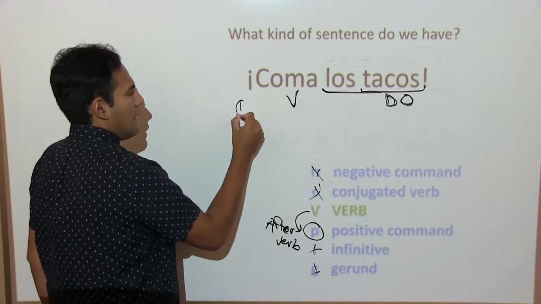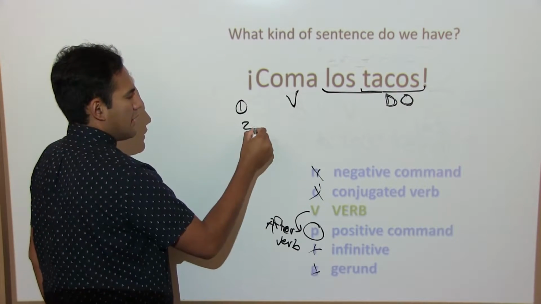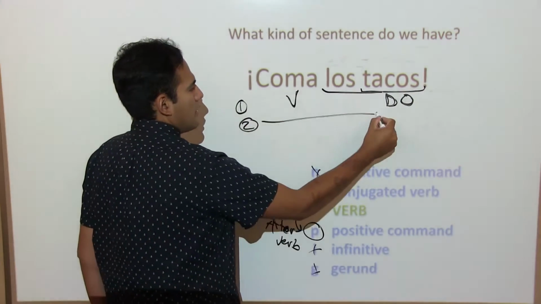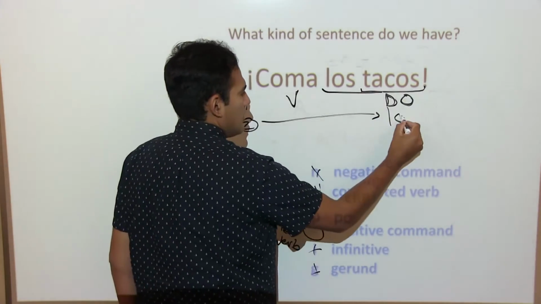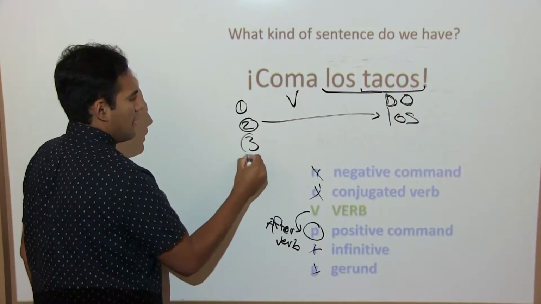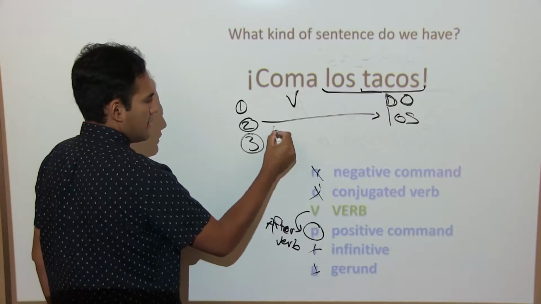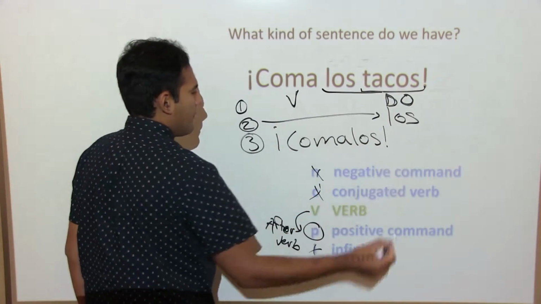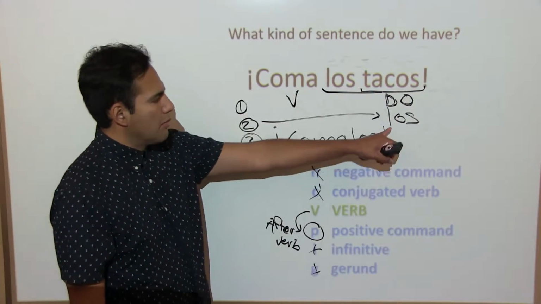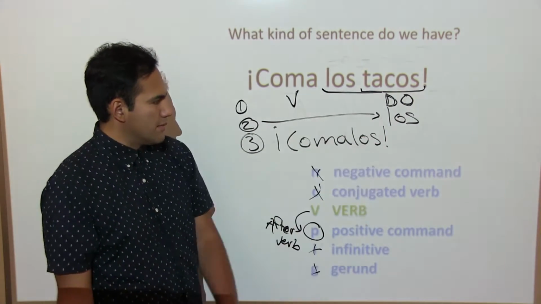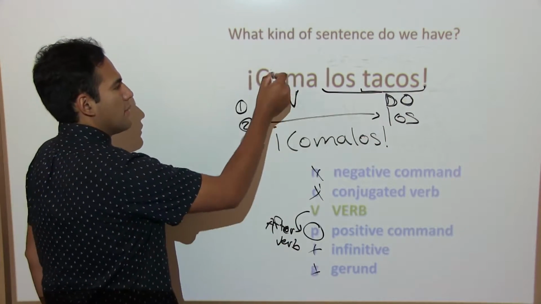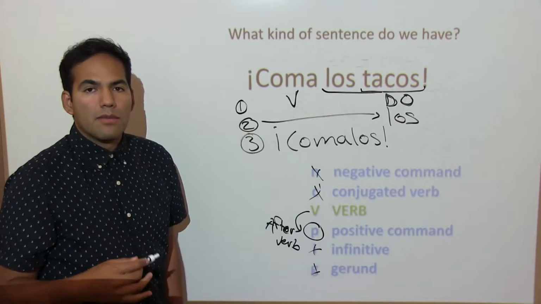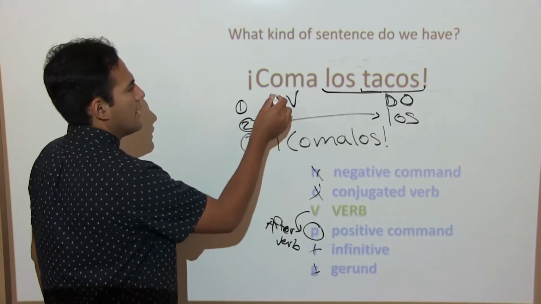So first step, we identify the roles. Second step, we identify the pronoun. In this case, los, again. And the third step, we rewrite the sentence. And that's where we put the pronoun, cómalos. Also, we have to make sure we know where the stressed syllable is.